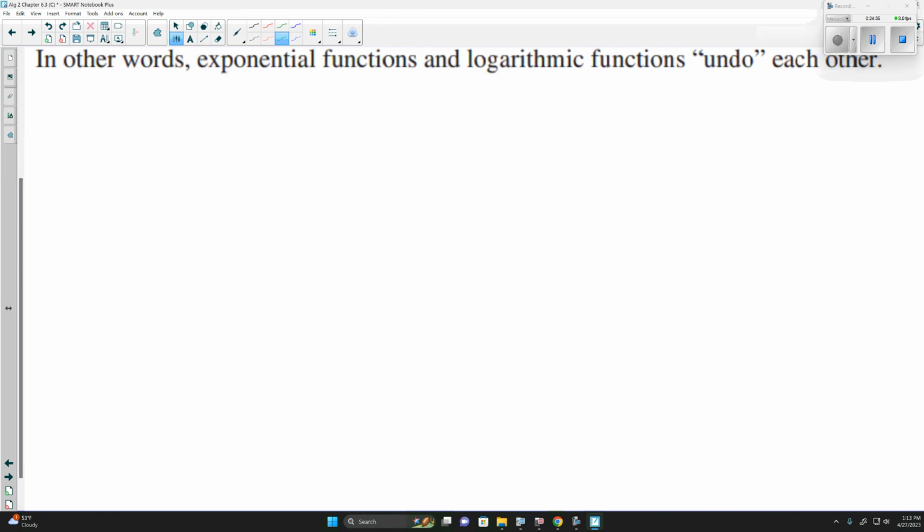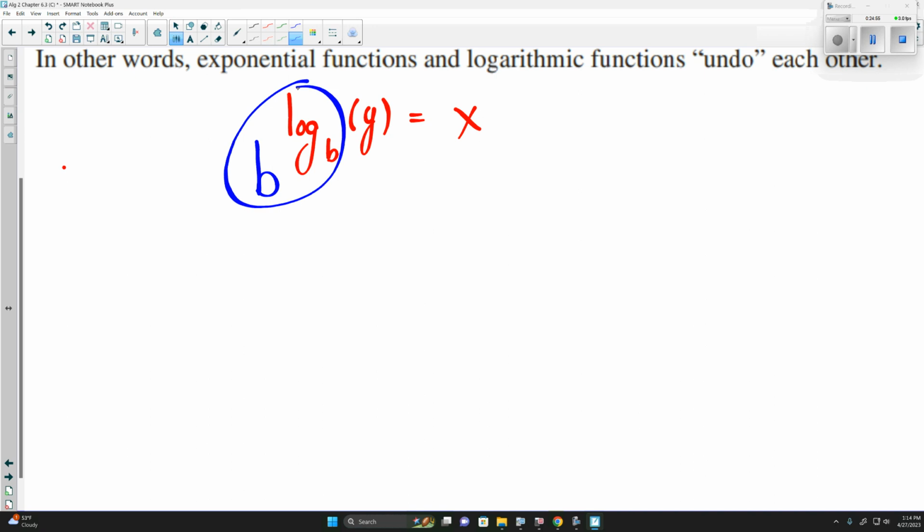I'm going to use this here, and let's start off with log base b of y is equal to x. Now, according to this, if I put this side to the base, so I do b to the log base b of y, what this property is telling me is that this is going to simplify out, leaving me with y by itself.